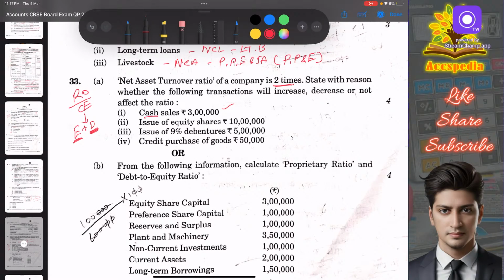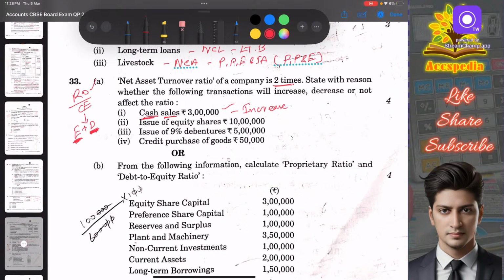Since cash does not affect equity and debt, capital employed does not get affected. So the denominator does not change, the numerator alone increases. The numerator is directly proportional to the ratio. When the numerator increases, the ratio will increase. So this will increase the ratio.